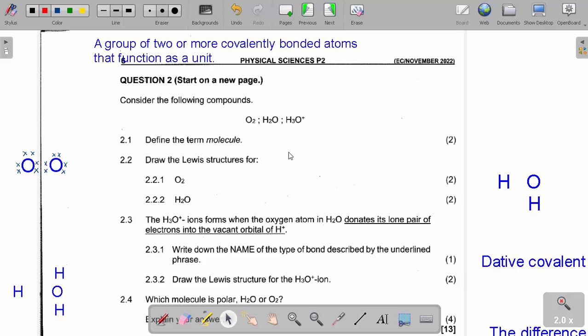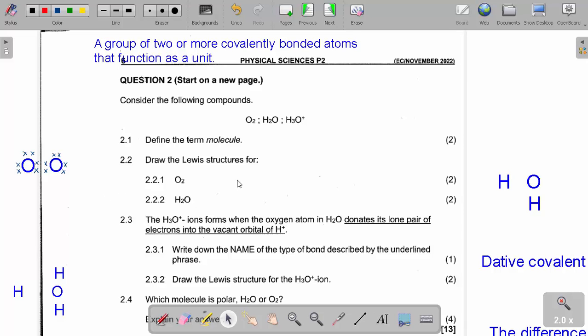We look at the group number. Group 1 has 1 valence electron, group 2 has 2 electrons, group 3 has 3 electrons, group 14 has 4 electrons, 15 has 5 electrons, 16, like oxygen, has 6.